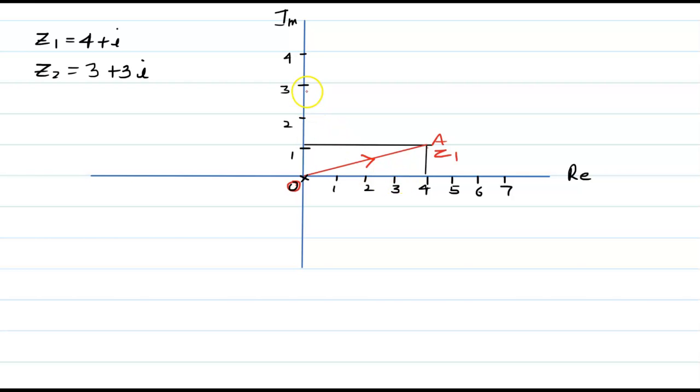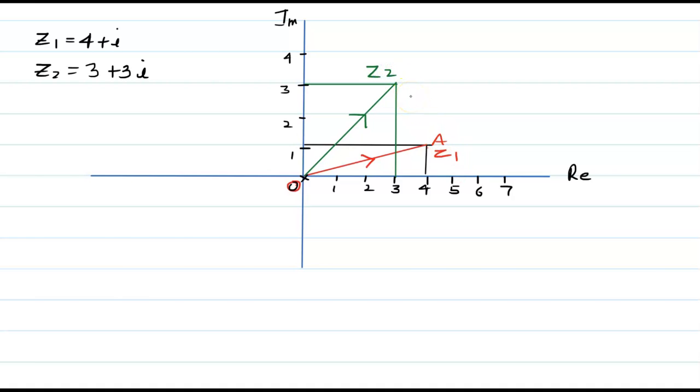So 3 here and 3 here. We can construct it quickly, and draw the diagonal line like this. So this shows the z2 vector. This is z1 and this is z2.